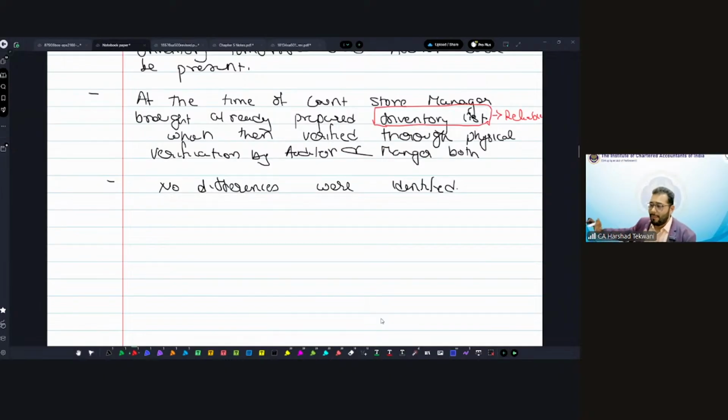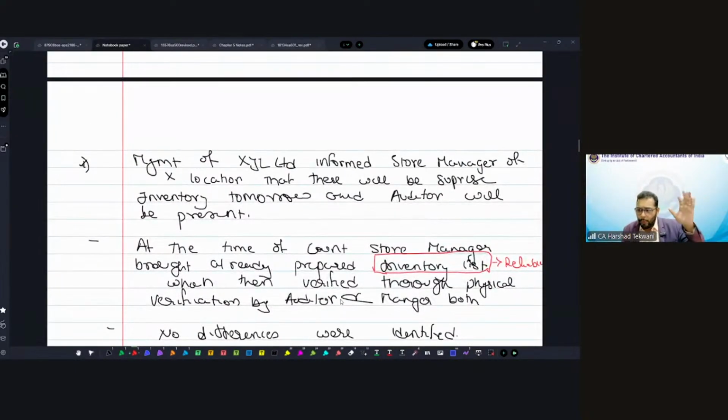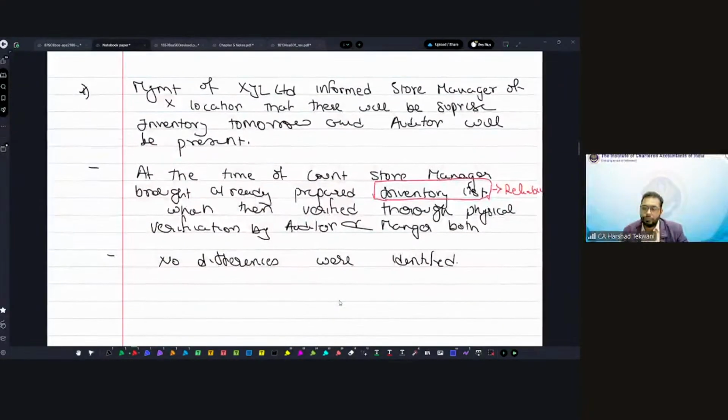TOD is kept aside. I'm only purely talking about TOC. Inventory list reliability, good point taken. What else? What cut-off procedure did they follow? The policies and procedures, how they are performing the inventory counting.